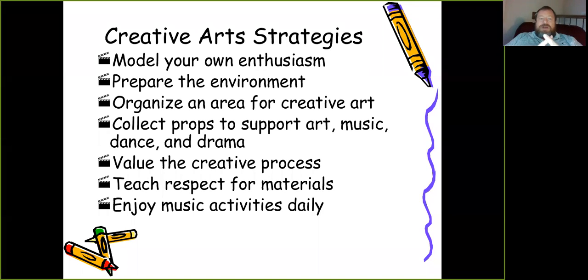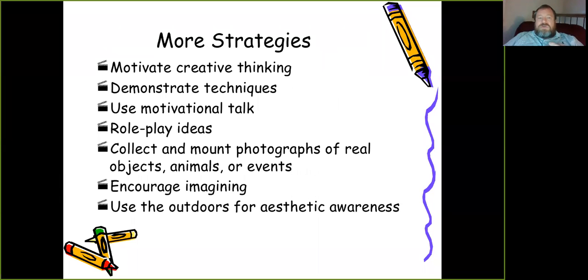There should be that organized area. We can collect props and things to have in the environment. We express a value for that creative process. We help the children learn to respect those materials, take care of them, and put them away properly. And we should enjoy music regularly. We encourage creative thinking, demonstrate those techniques without demonstrating an outcome, as I said.